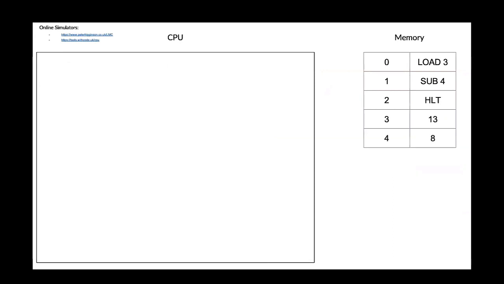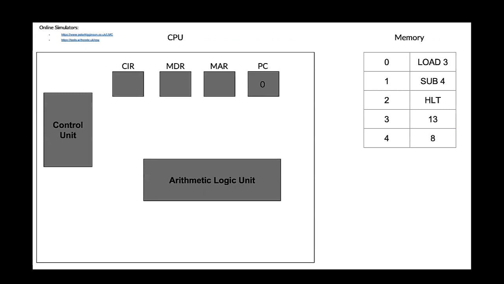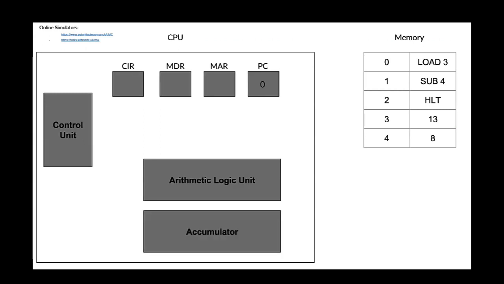And on the left side of your screen, you can see a CPU, which, as I mentioned, has some components like registers: PC register that holds the next instruction, MAR that holds an address, MDR that holds the data, and CIR, which holds the current instruction. Also, there is a control unit and arithmetic logic unit and accumulator. Accumulator is another type of register, which I'll explain later.